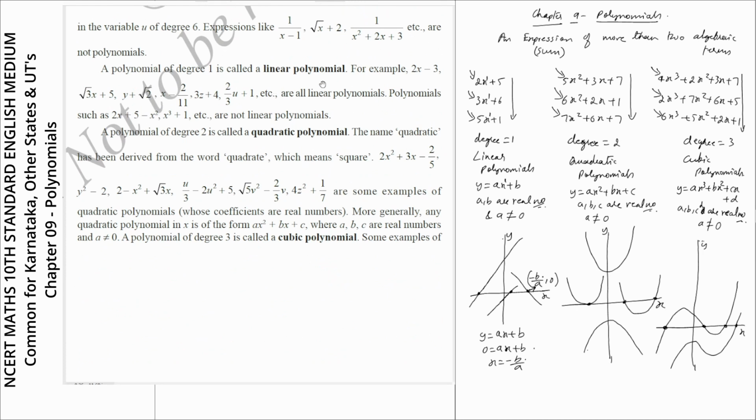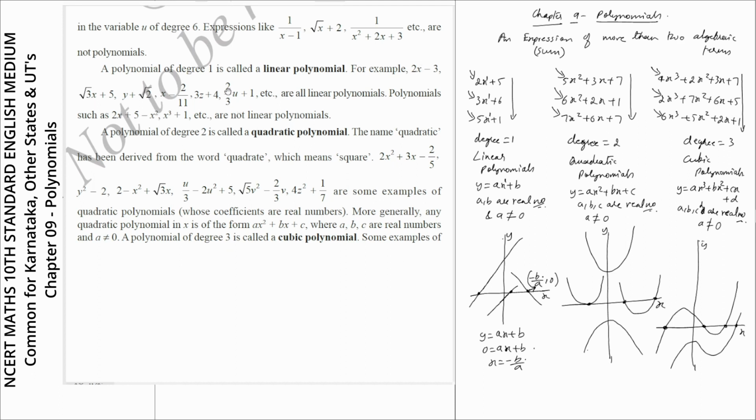In linear polynomials, you can see examples are 2x minus 3, root 3x plus 5, y plus root 2, x minus 2 by 11, 3z plus 4, 2 by 3 u plus 1. All these are examples of linear polynomials. Here you can see in all the examples, the highest power of the variable is 1. For example, in 2x minus 3, the power of x is 1.